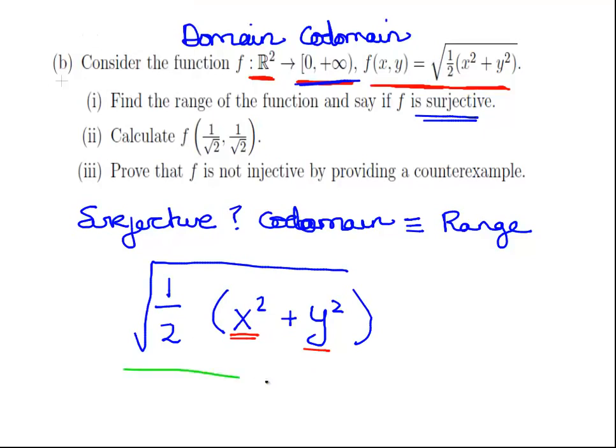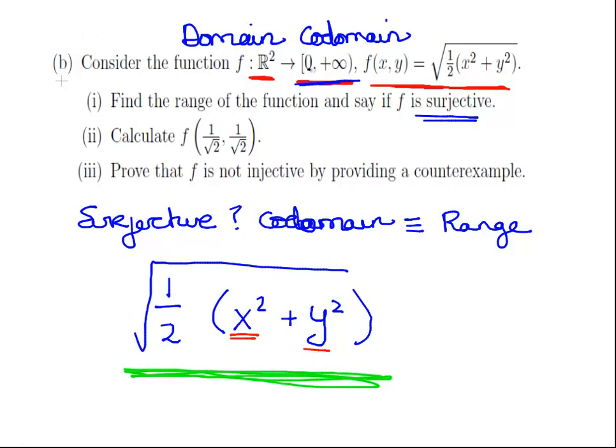Now, let's be a bit more strict about the definition of a positive number. I prefer not to consider 0 as a positive number, so non-negative would be a better way of putting it, because the lower bound is 0.